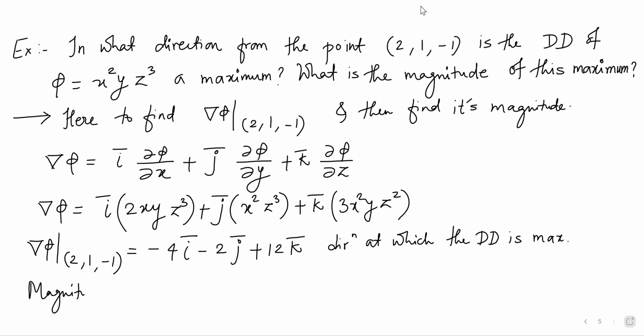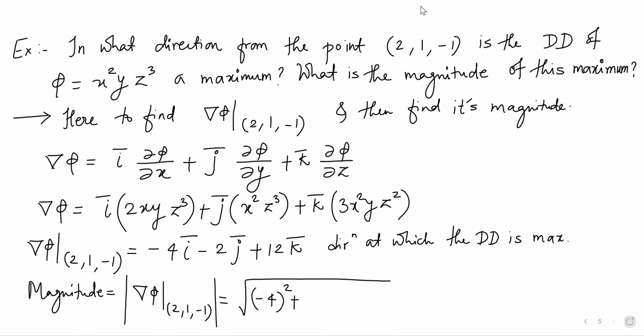The magnitude is nothing but mod of del phi at (2, 1, -1), which is the square root of minus 4 squared plus minus 2 squared plus 12 squared. So find that, and that will be the answer.